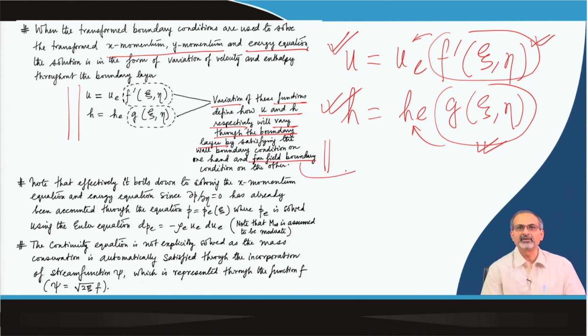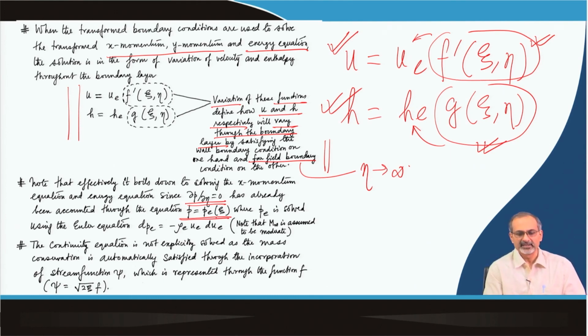So, this is a term we often use in computations also, far field, in the sense that it is far away from the wall, which is devoid of the viscous effects due to the boundary layer, and therefore, in our case it is like saying eta tending to infinity. Note that it effectively boils down to solving the x momentum equation and energy equation, since the del p del eta equal to 0 condition, which comes from the y momentum equation, has already been accounted through this information, p is equal to p e, which is a function of xi.